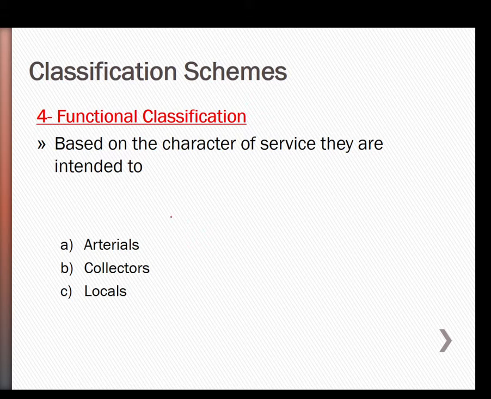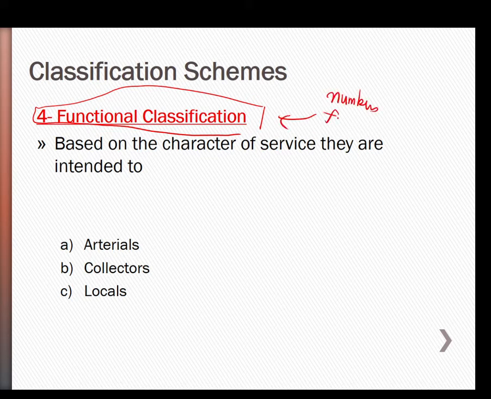In this video, we're going to focus on this guy here. When we talk about functional classification, how do we classify the roads based on their function? And it gives us numbers, gives us factors, gives us values to design your highway.